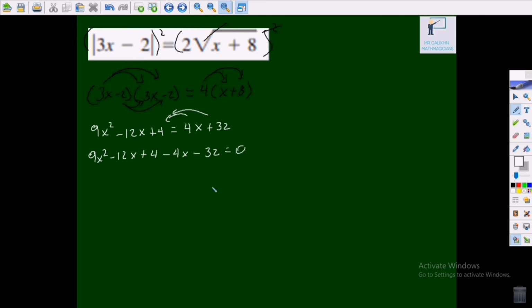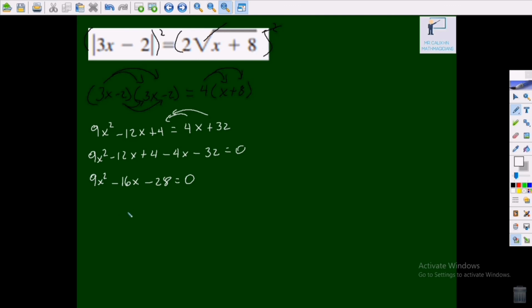We check if we have like terms. 9x squared has no like term. Negative 12x minus 4x would be negative 16x. And 4 minus 32 is negative 28 equals 0.